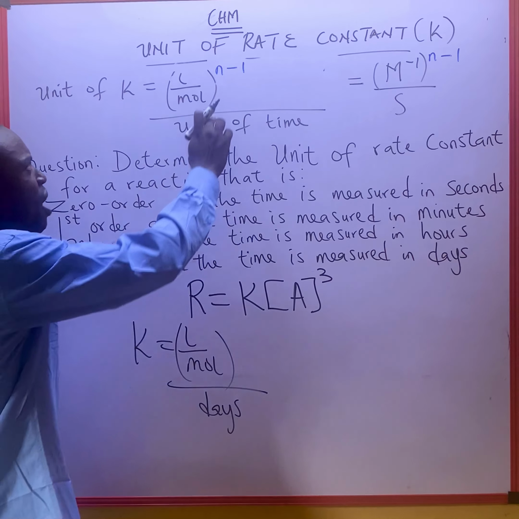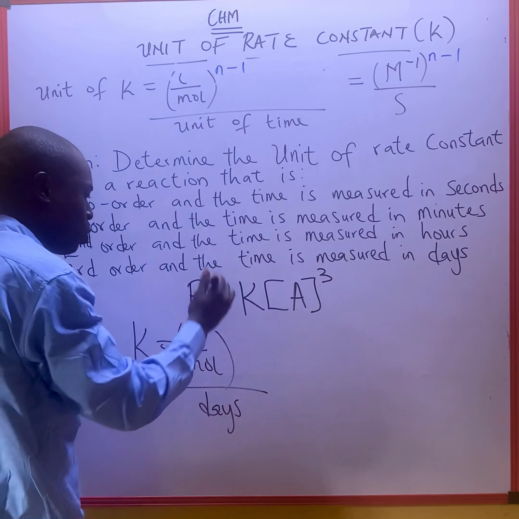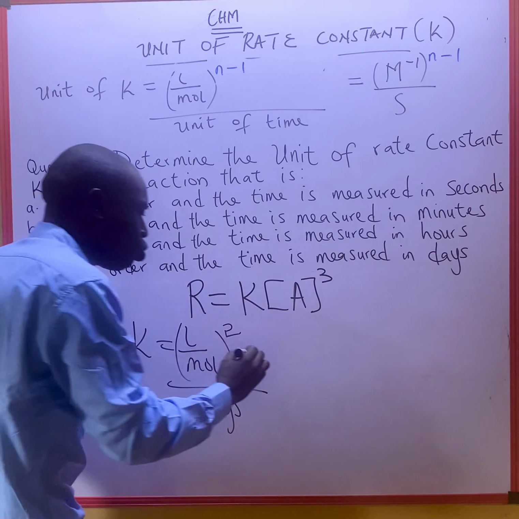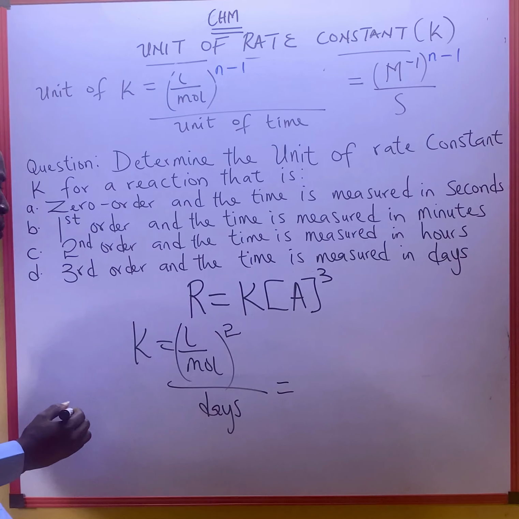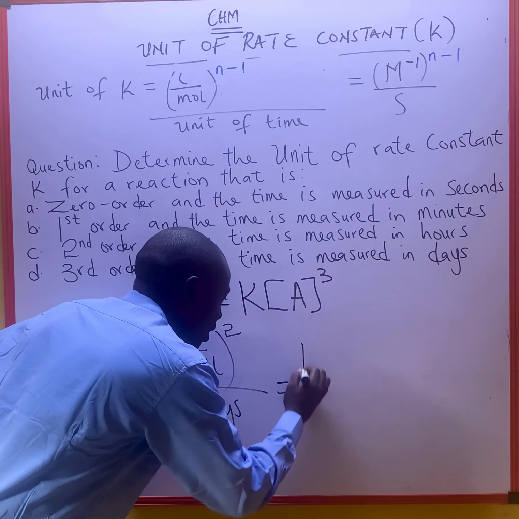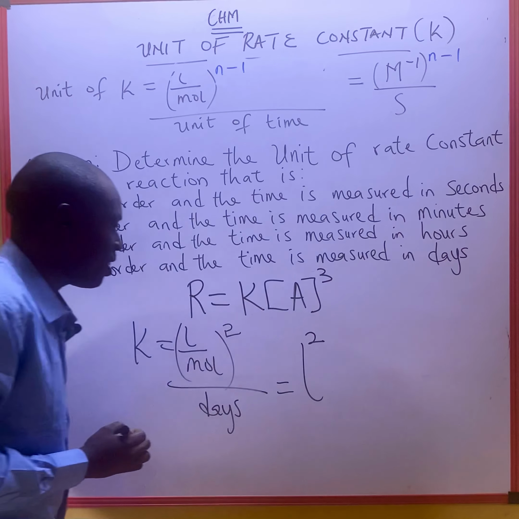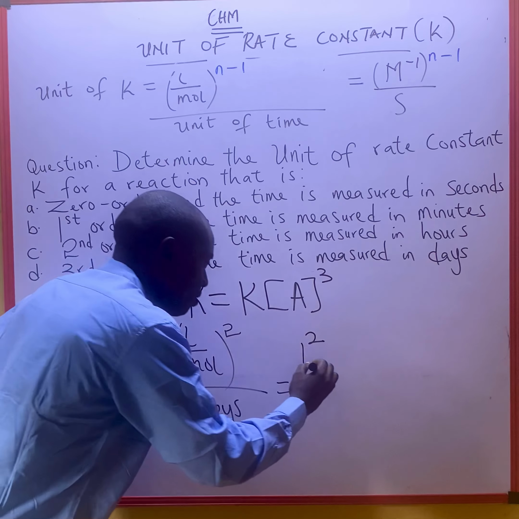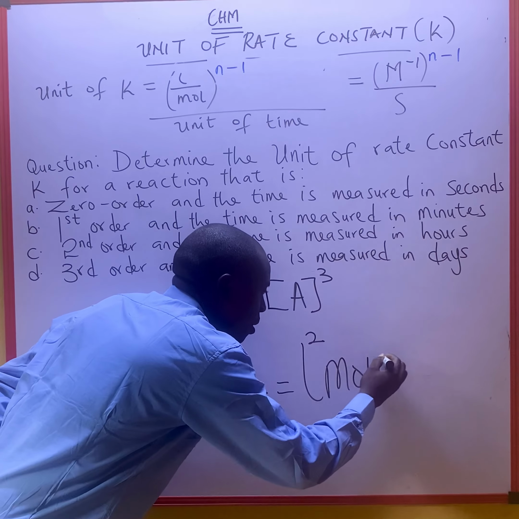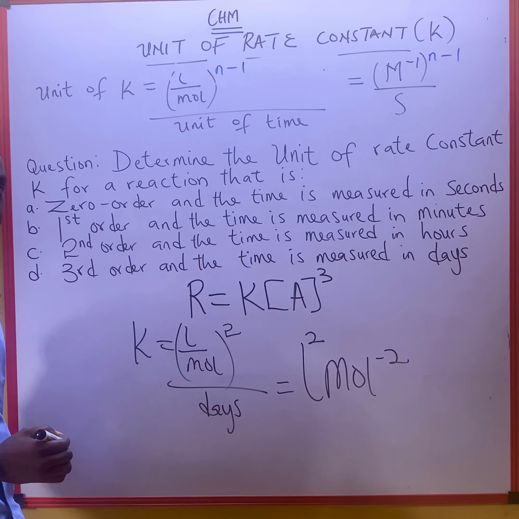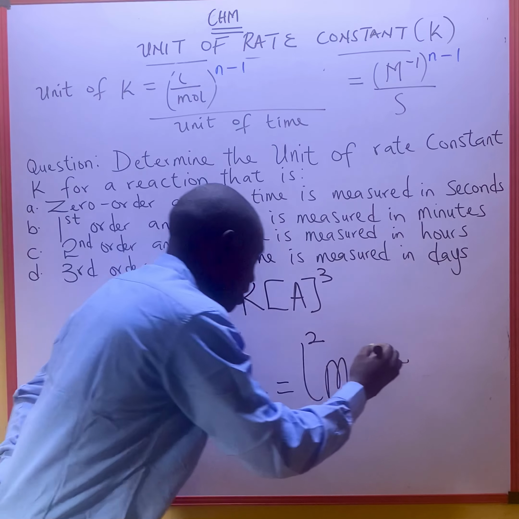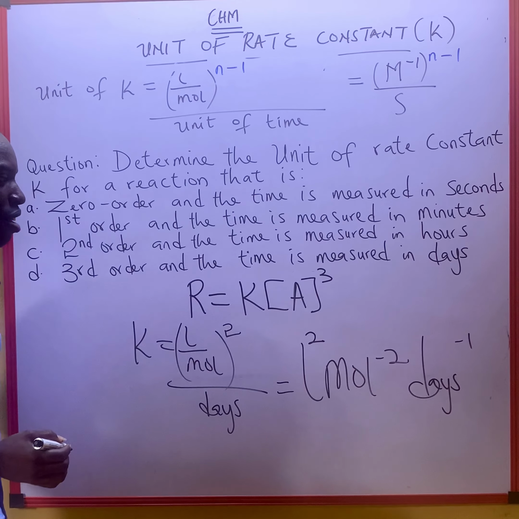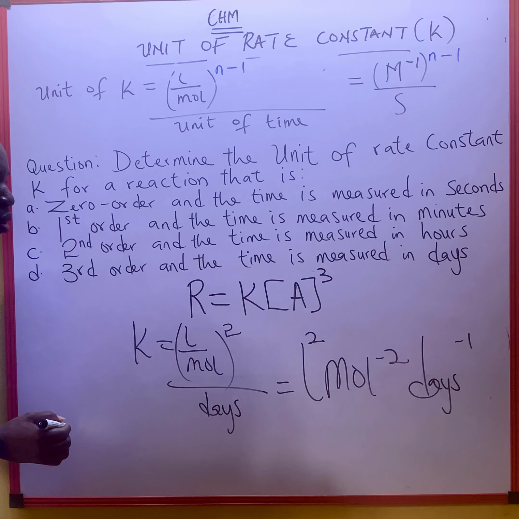Now remember, if n is 3, it will be 3 minus 1, which is 2. Very simple, right? So that becomes liter squared per mole squared per day.